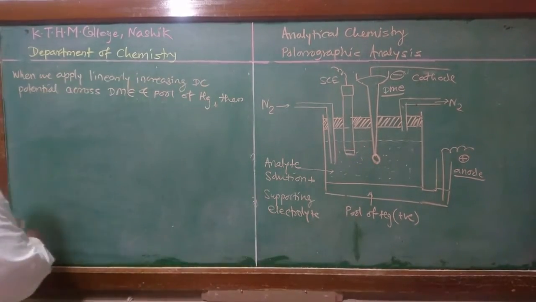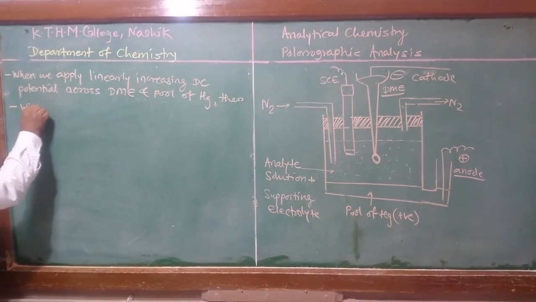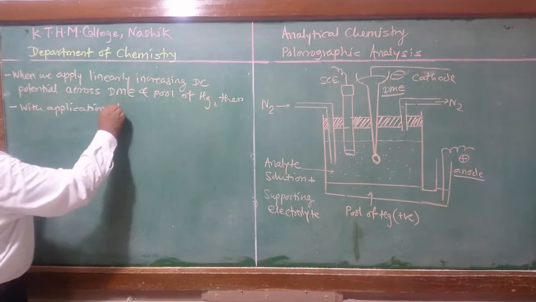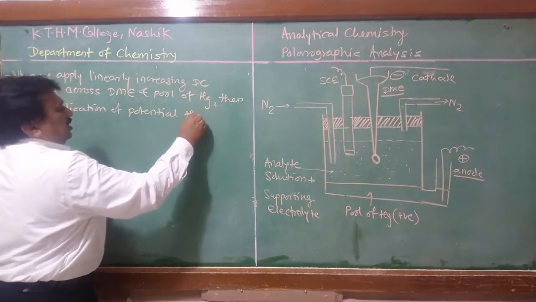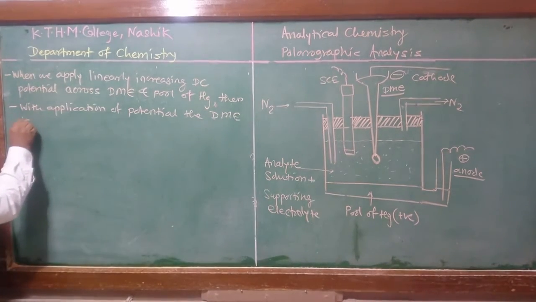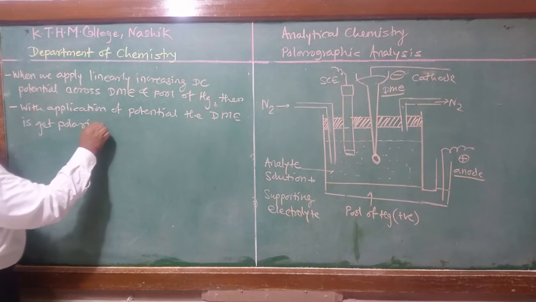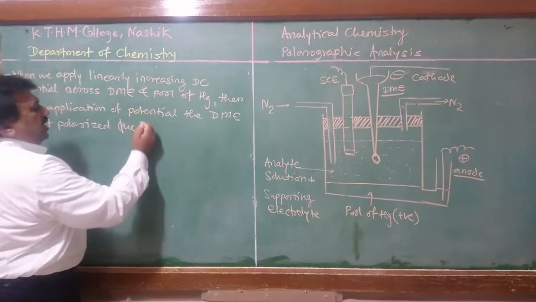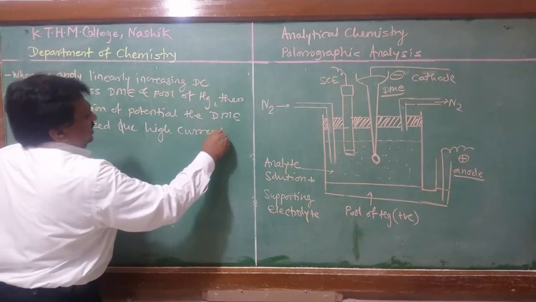Therefore, with application of this potential, the dropping mercury electrode gets polarized due to very high current density.